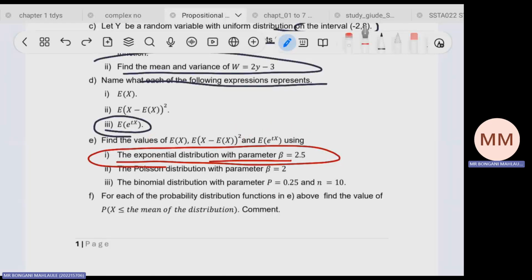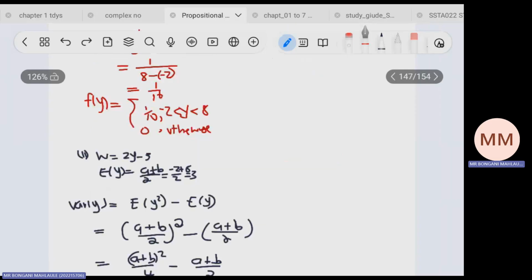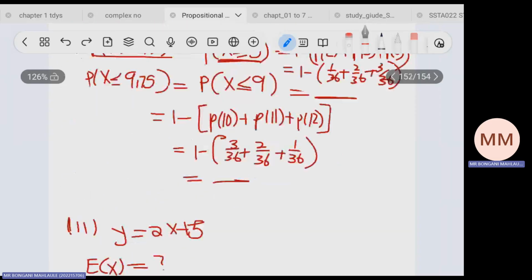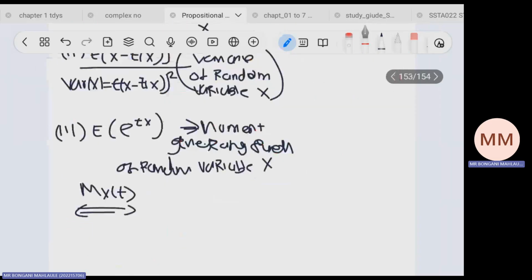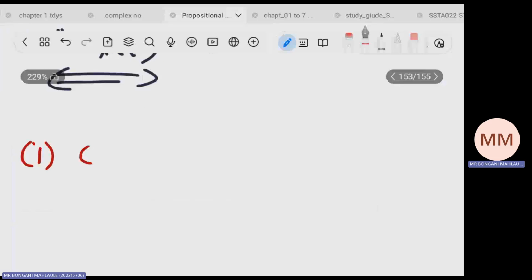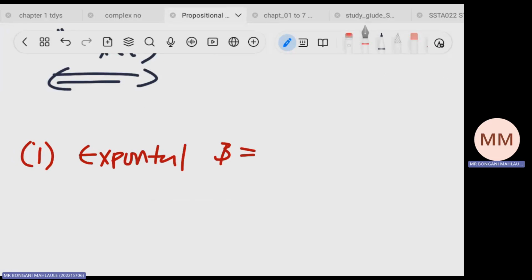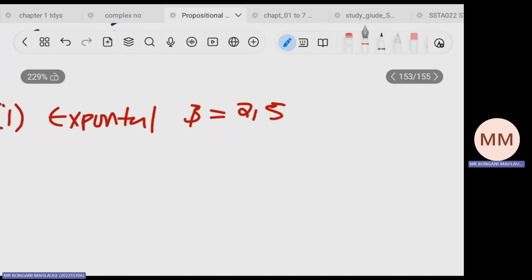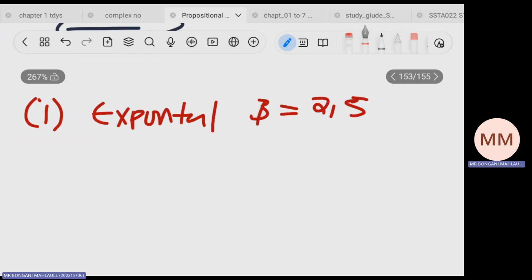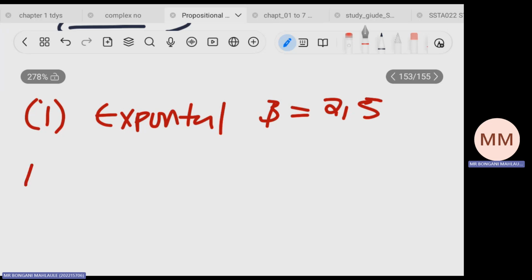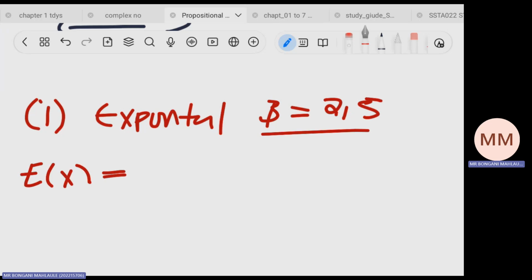So beta is already given as 2.5. Since this is an exponential, the beta here represents the mean. So I'm already given the mean, 2.5.